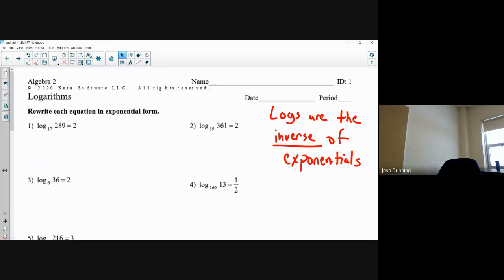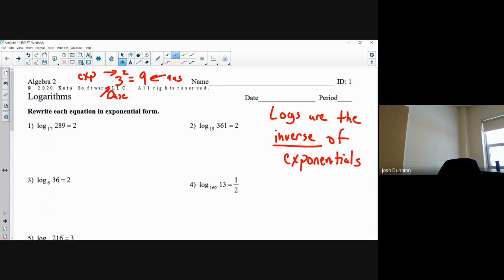Normally, like what I had written up there, 3 is the base, 2 is the exponent, 3 squared, 3 times 3, the answer is 9. That's the base, that's the exponent, and that's the answer.